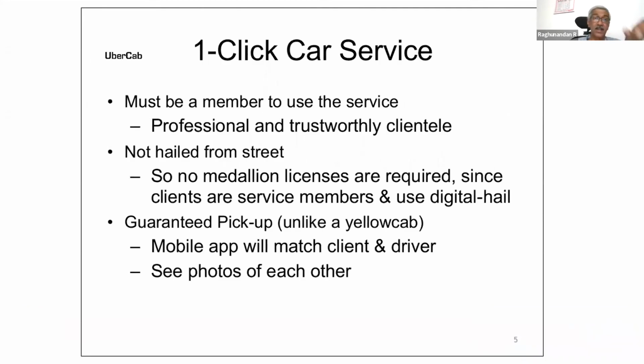For example, this is again an Uber cab. Must be a member to use the service. Professional and trustworthy clientele will be there, not hailed from the street. So this is a typical description of the solution which Uber had thought of at that time, and it's a digital hail. It's basically done from a mobile phone, and there's direct communication with the client, and there are no typical licenses required at that point in time.